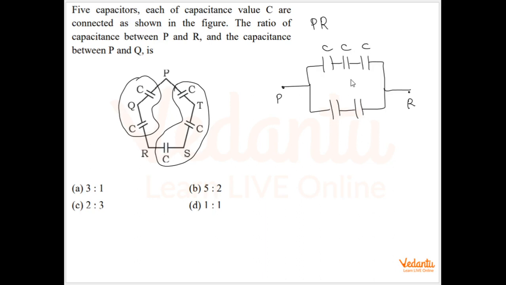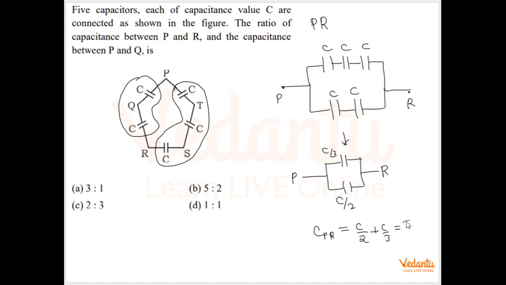C, C, C, C, C. Now beta, that can be simplified into this. C by 3 and C by 2. So the equivalent capacitance between P and R beta will be C by 2 plus C by 3. That will be 5C by 6.